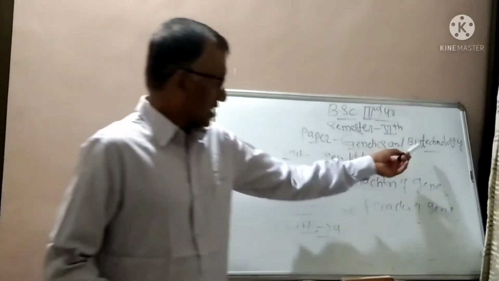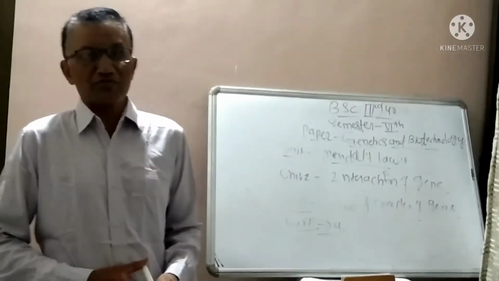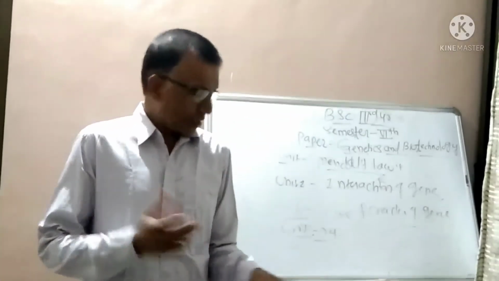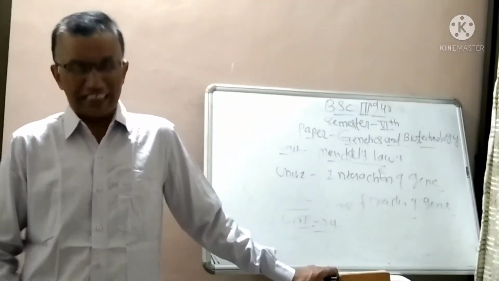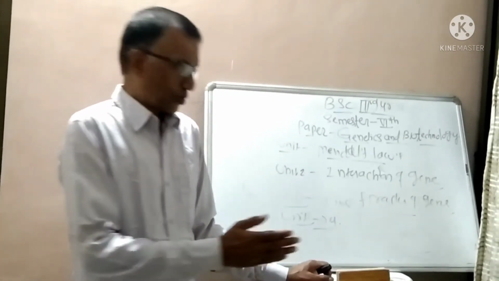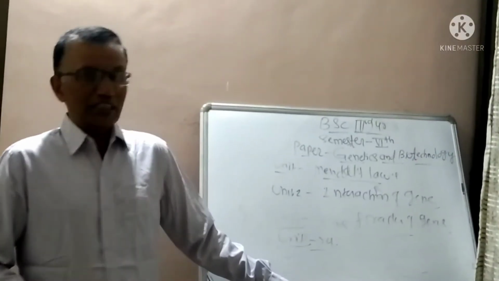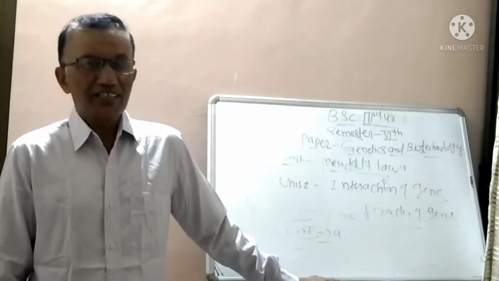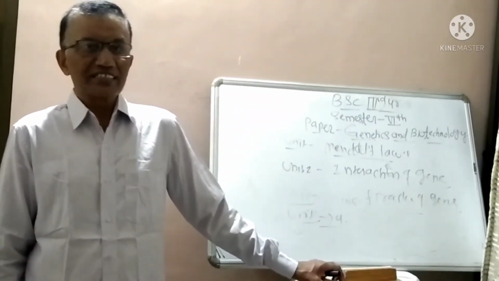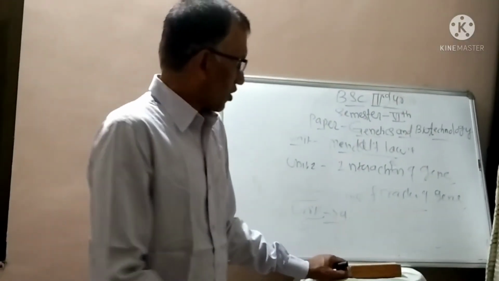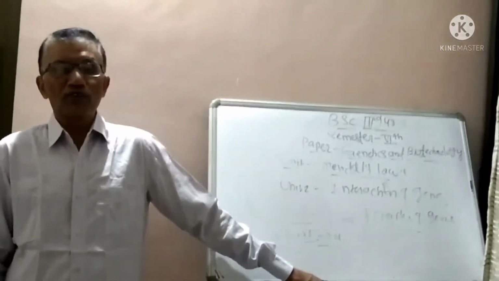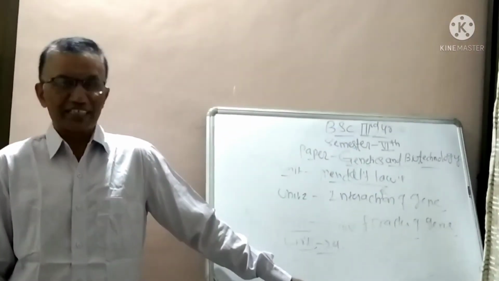Now, another aspect is the biotechnological aspects, which is mentioned in your syllabus for this paper. First of all, you have to understand what is meant by biotechnology. Then what is meant by plasmids, cosmids, gene cloning, different types of vectors, and the role of genetic engineering in plant breeding.